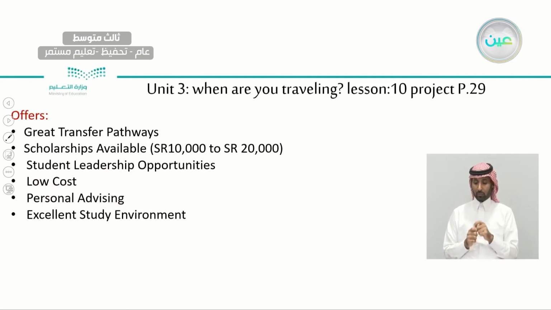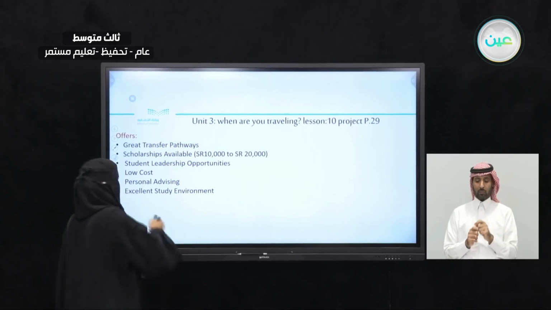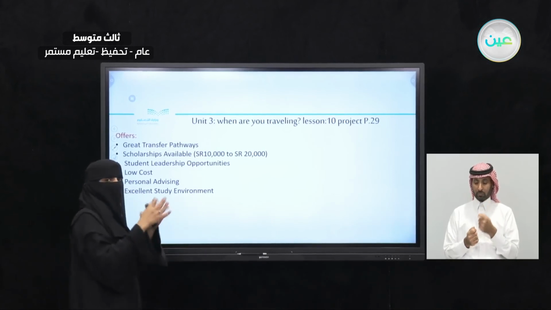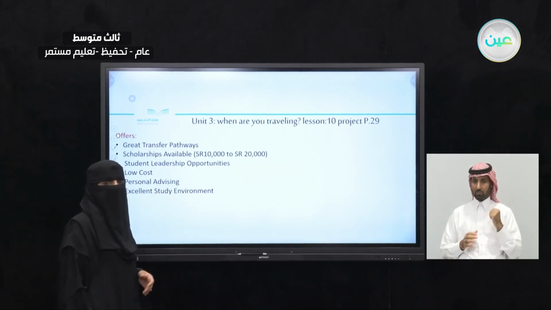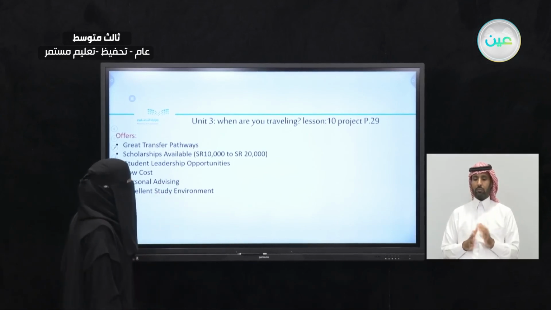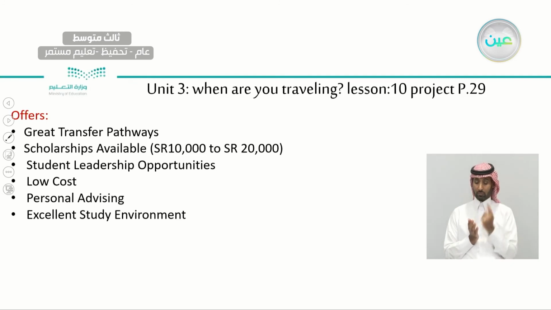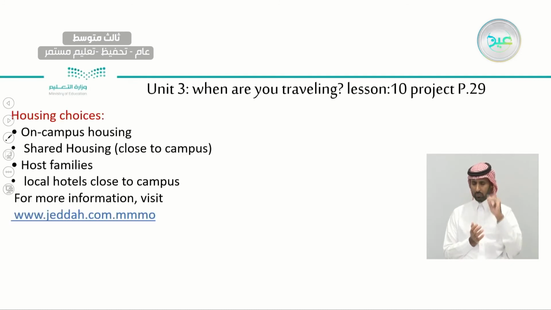So if you have any issues, we have someone as an advisor to give you advice. Excellent student environment. It's a good environment for all students. So I have these things we offer in our school. This is imaginary, so you can lie, okay? It's okay to lie.